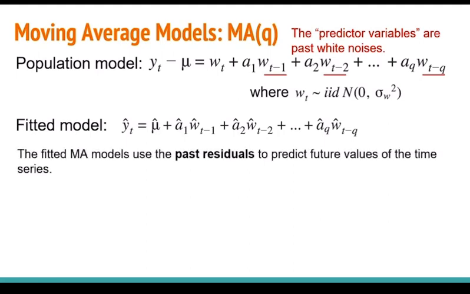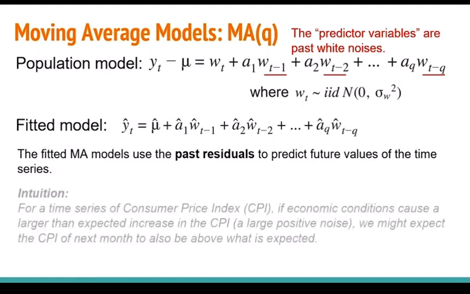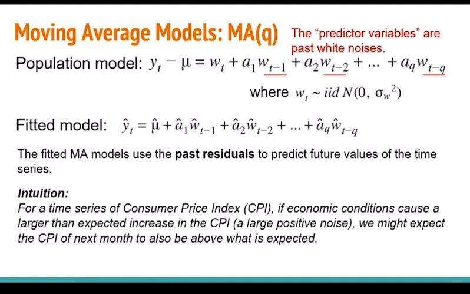Like I said, the fitted moving average models use past residuals. If you take a look at W_t minus 1, W_t minus 2, up to W_t minus q, those are past residuals. So we're using the past residuals to predict future values of the time series. An example of this is the consumer price index, the CPI.